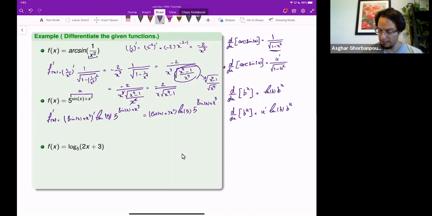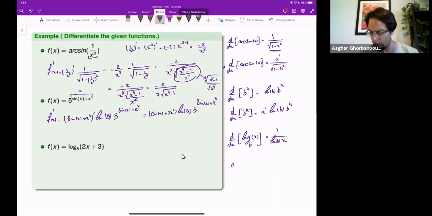For the third one, we need to know the derivative of log in general base b. So let's first write log x base b. This is 1 over x, and you have to multiply the denominator by ln b.